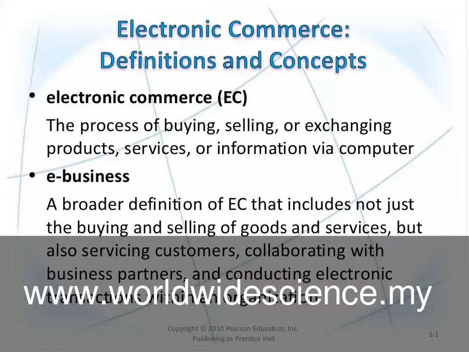Today we just have some definitions. There are lots of new words in this area. You need to get familiar with them, and next week we'll go deeper on those things. So, e-business is a broader definition of e-commerce that includes not just the buying and selling of goods and services, but also servicing customers, collaborating with business partners, and conducting electronic transactions within an organization.